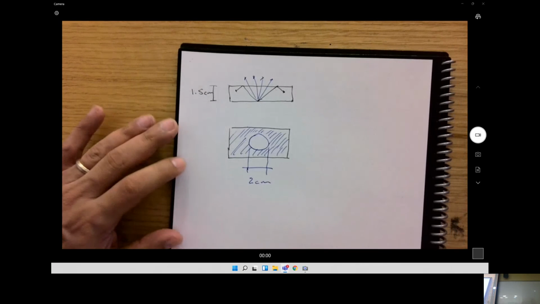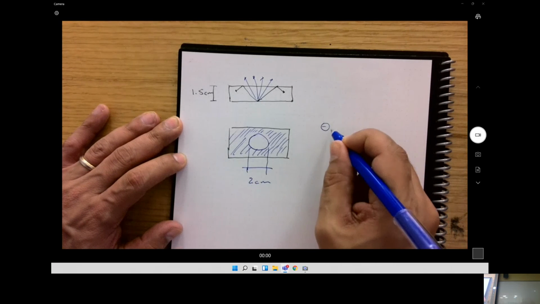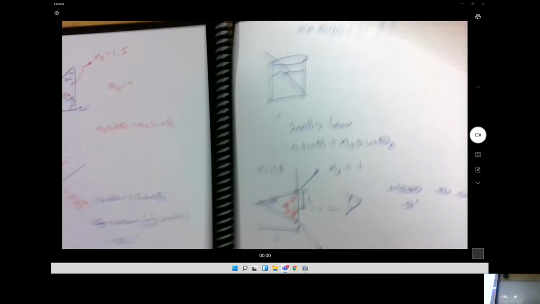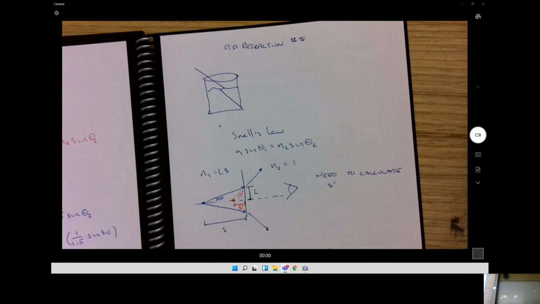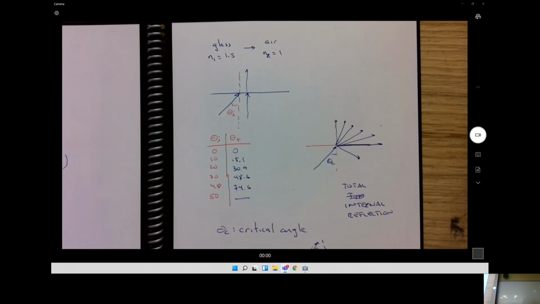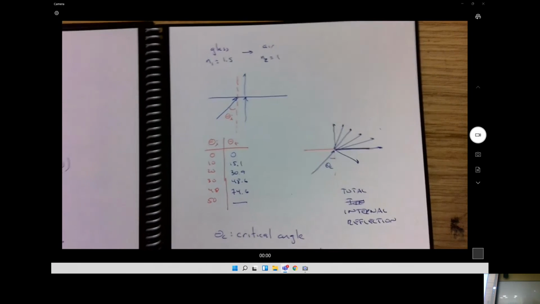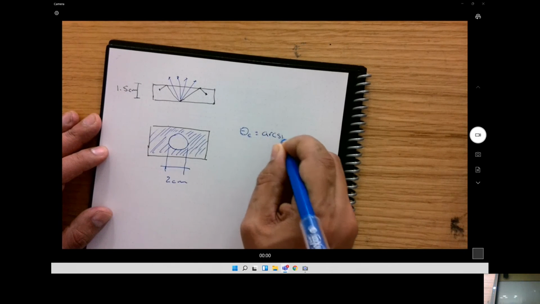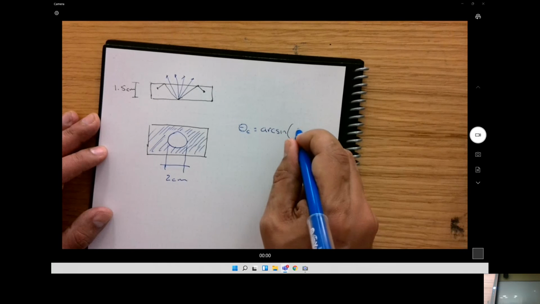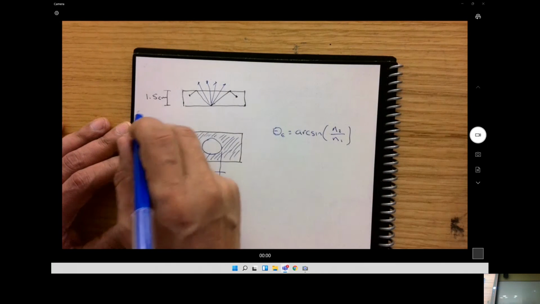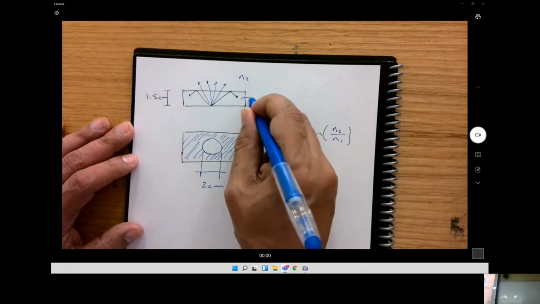Okay, and remember that the critical angle, where we said there was, let me go back. N1 and N2.